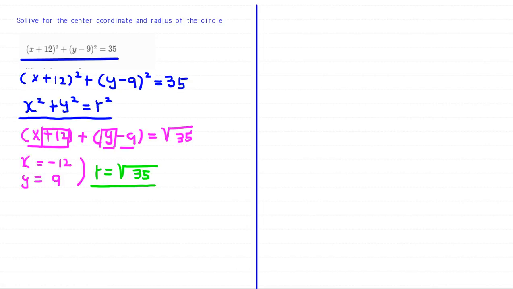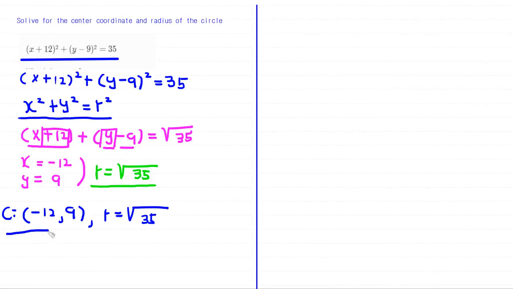So in conclusion, the center coordinate is the x coordinate negative 12 and the y coordinate 9, and the radius is equal to the square root of 35.